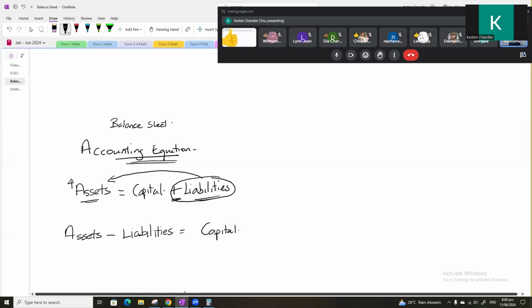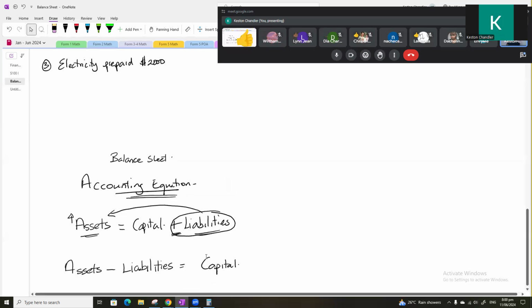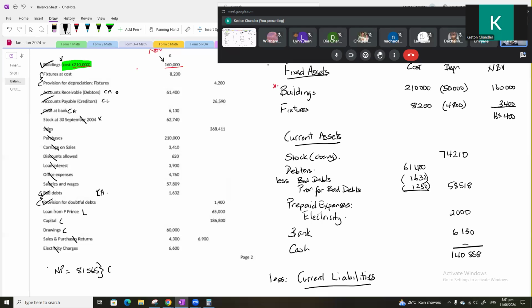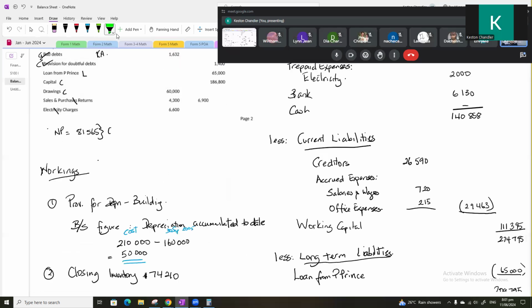Good. So if I go back to that balance sheet that we were preparing, look at what's happening here. I have my assets. There's fixed assets, there's current assets, and I am subtracting from it current liabilities. Look at this here. I am also subtracting from it long-term liabilities.